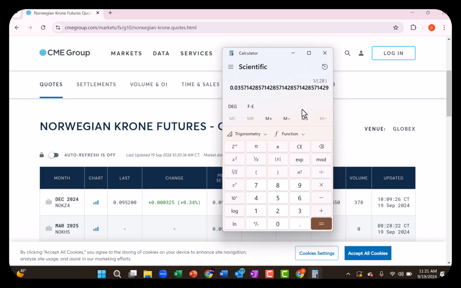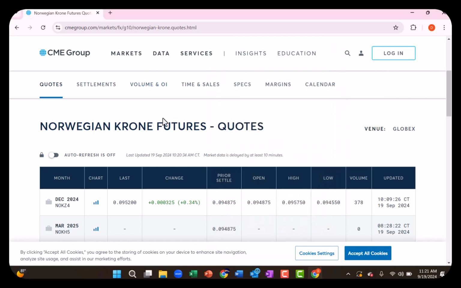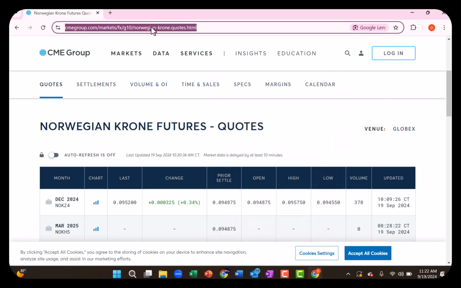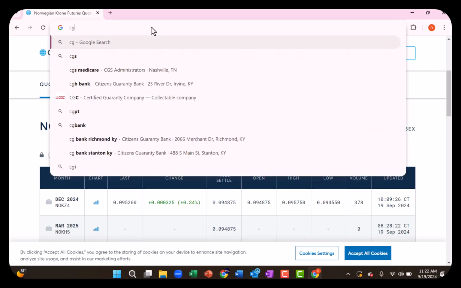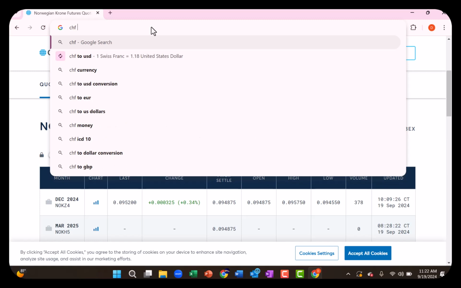That's the margin. Those margins are higher in terms of percentage for currencies that are deemed to be more volatile. Let's look at, for example, Swiss franc CME futures.